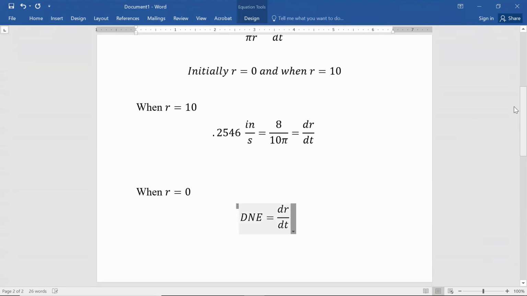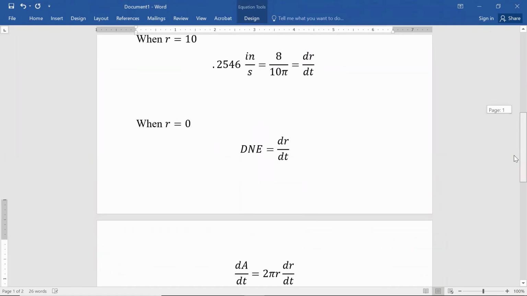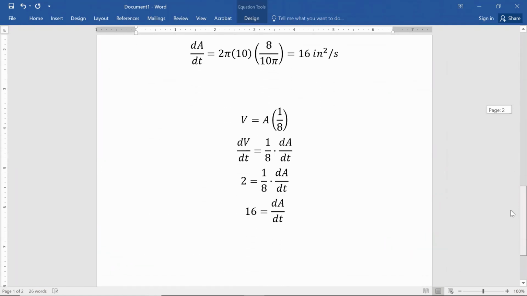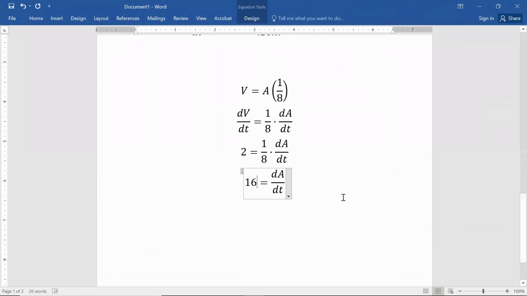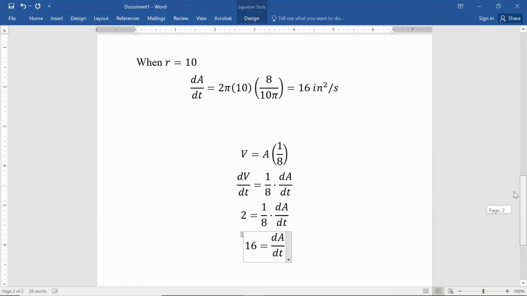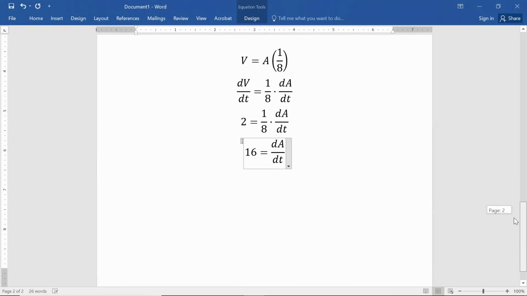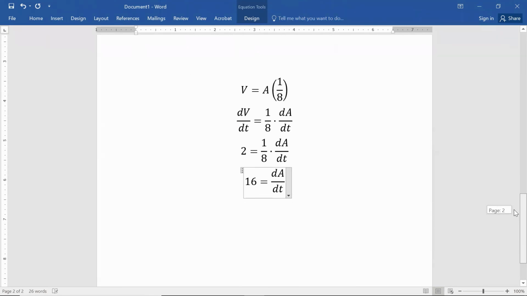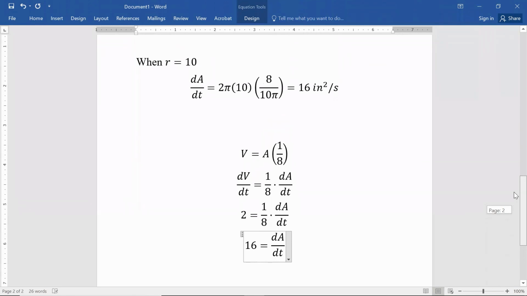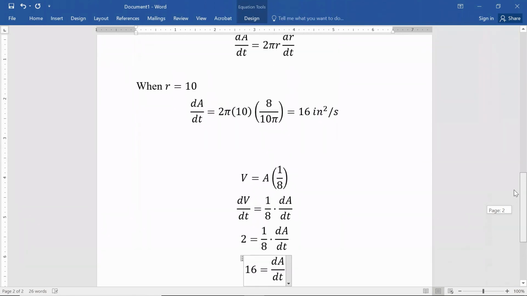However, as you notice, we're going to also avoid the initial condition of 0 again. If you talked about the area of that puddle or the volume of that puddle, we're getting ugly stuff there. So hopefully that makes sense.